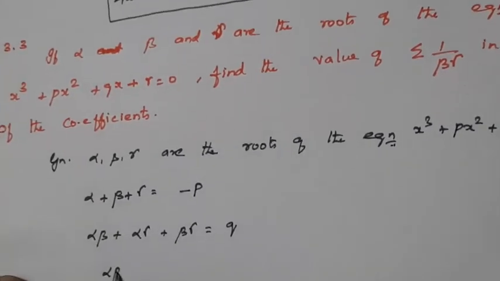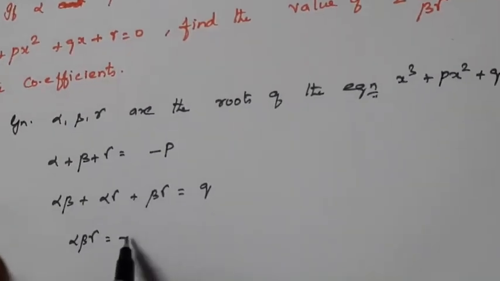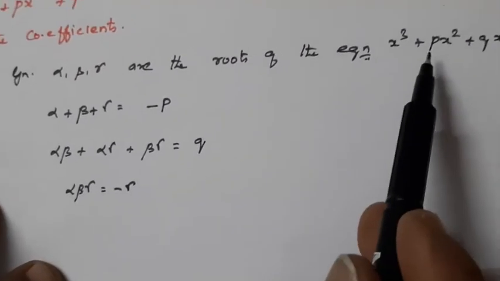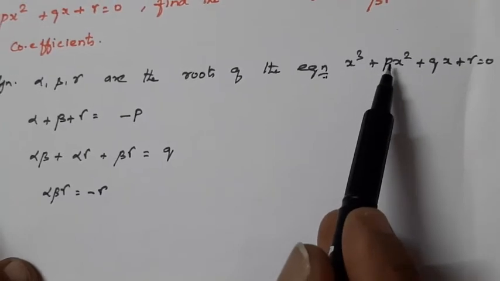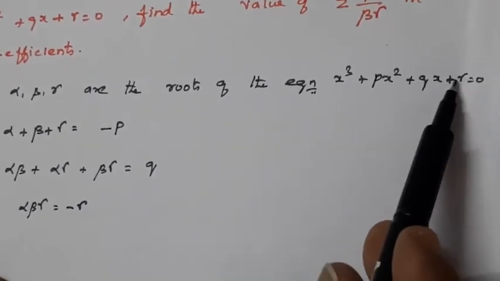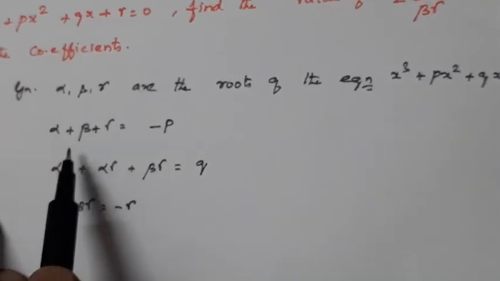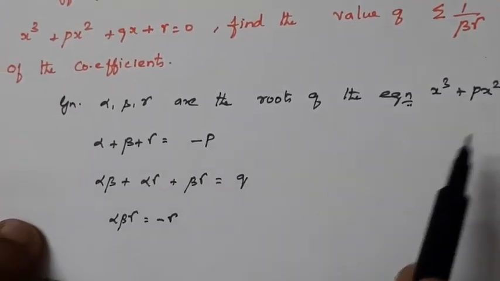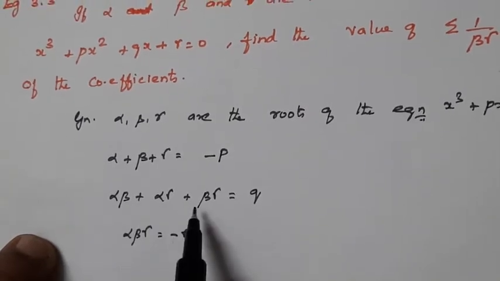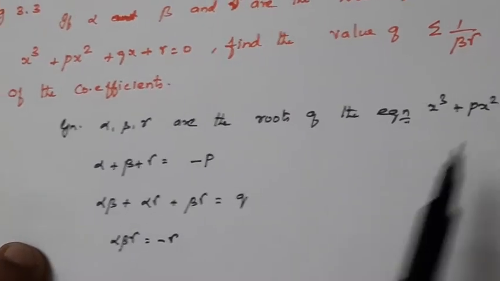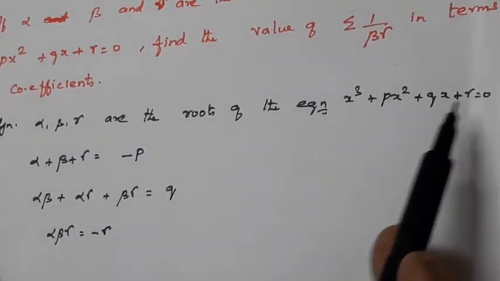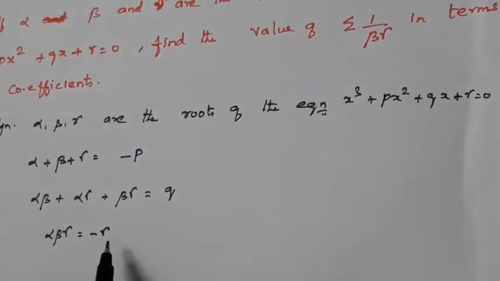Then alpha beta gamma is equal to minus r. Vieta's formulas say these will be sigma 1 with a minus sign, sigma 2, and minus sigma 3. So alpha plus beta plus gamma is minus p, the sum of the products of the roots taken 2 by 2 is the coefficient of x, that is q, and the product of all three roots is the constant with a minus sign, so we have taken it as minus r.